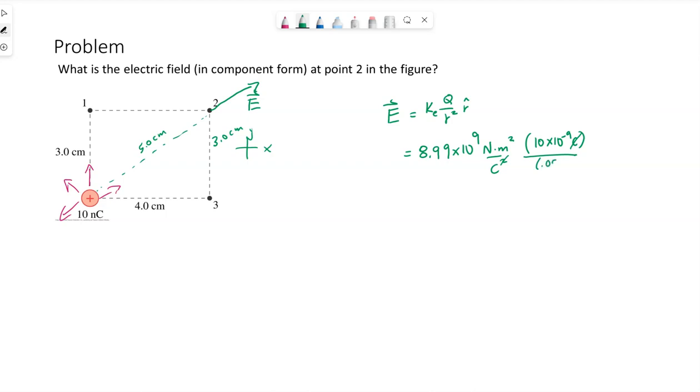We want this distance to be in meters, so that when we square it, these meters squared will cancel with those meters squared. So this portion is going to be simply the magnitude of E, just how strong the electric field is at that point.